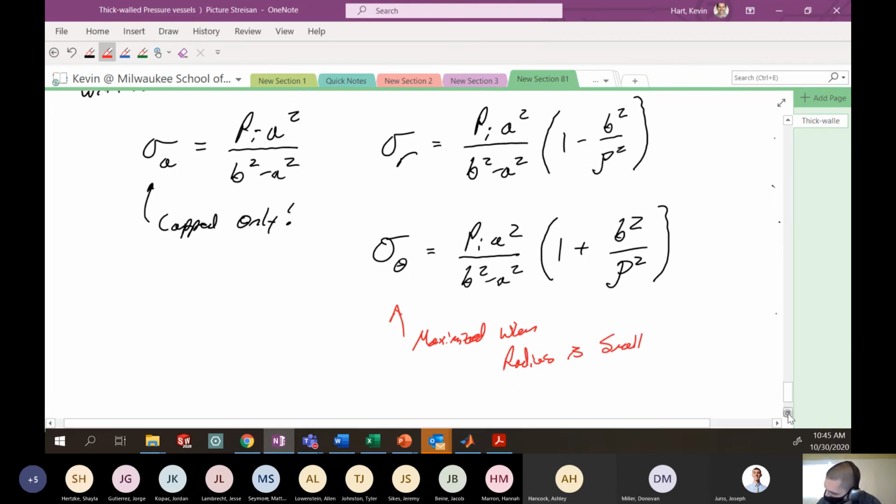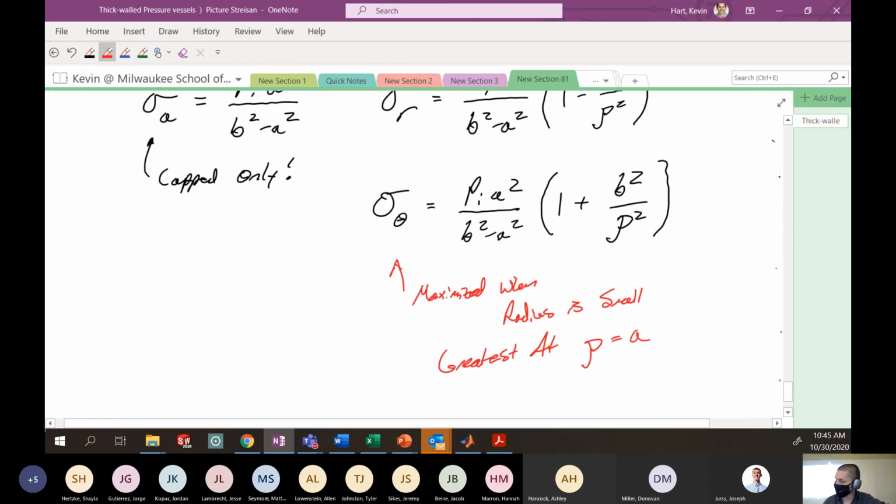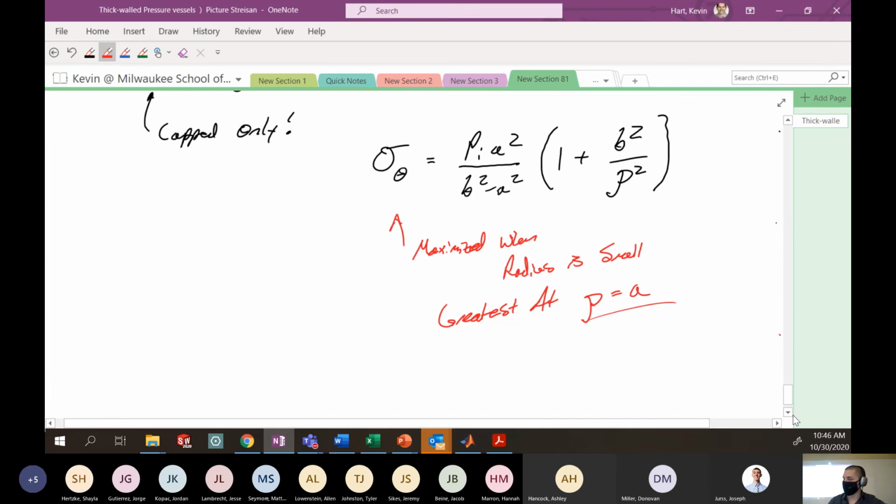So where is it the greatest? What value of rho will this be maximized? At A, good. Don't say 0 because there's no material there. Remember, the domain is A to B. So generally, that internal wall is where you're going to have the most stress if you only have internal pressure.